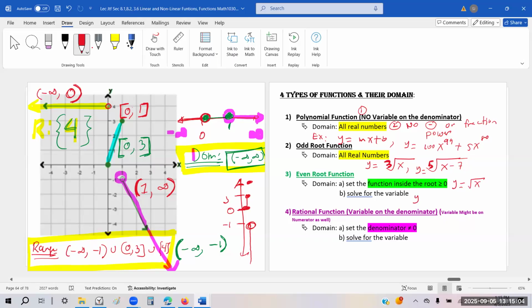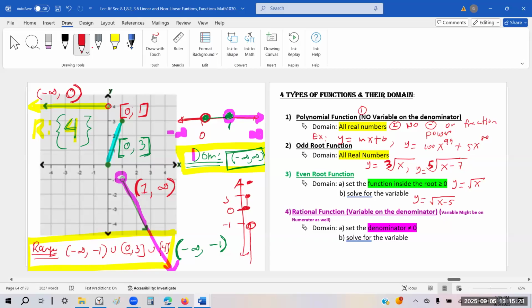Another example, y equals square root of, let's say, x minus 5. Or the fourth root of that. When you don't see any number, there is an invisible 2, you know that, right? Square root means 2 inside. See, 2 is an even number, so it has a problem.